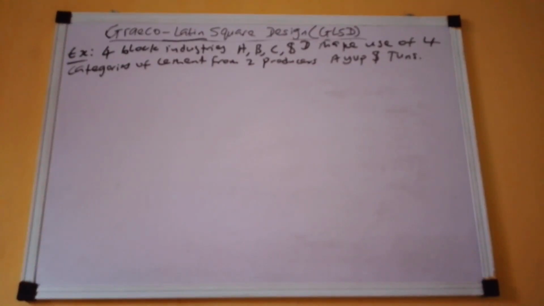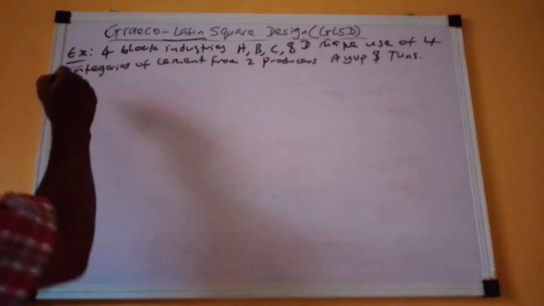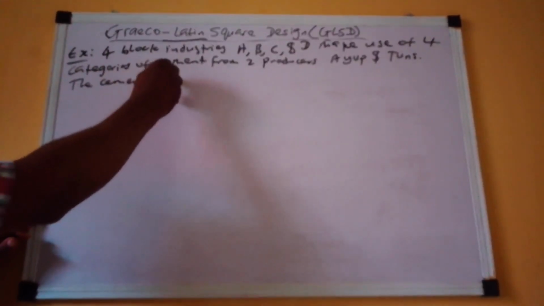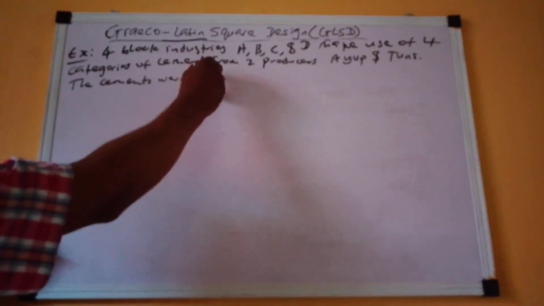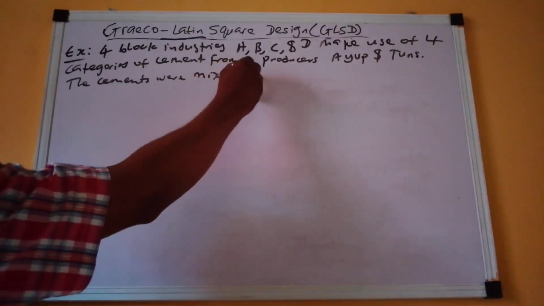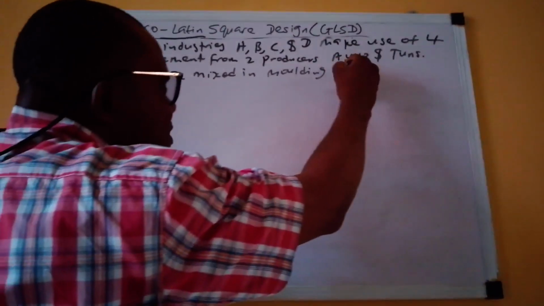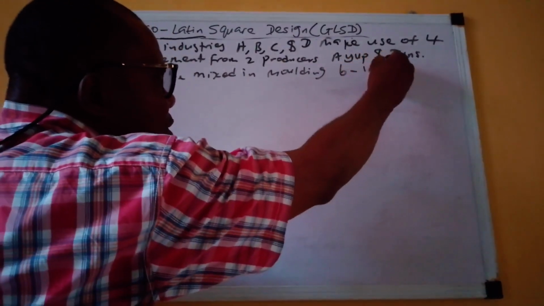The cement were mixed in molding 6-inch blocks.